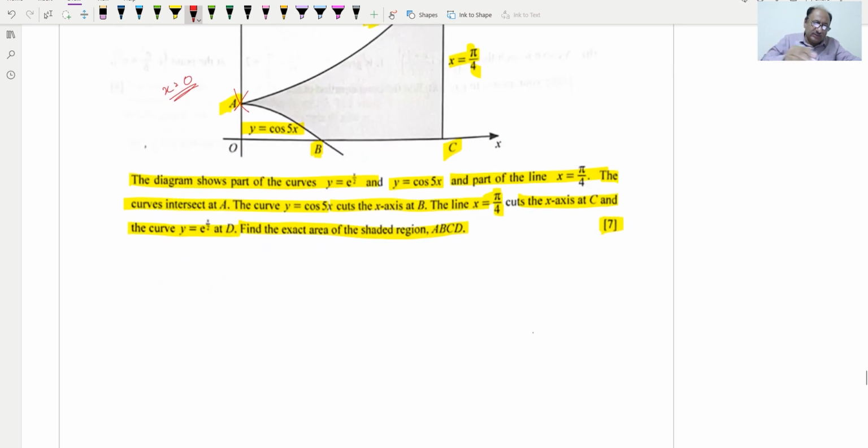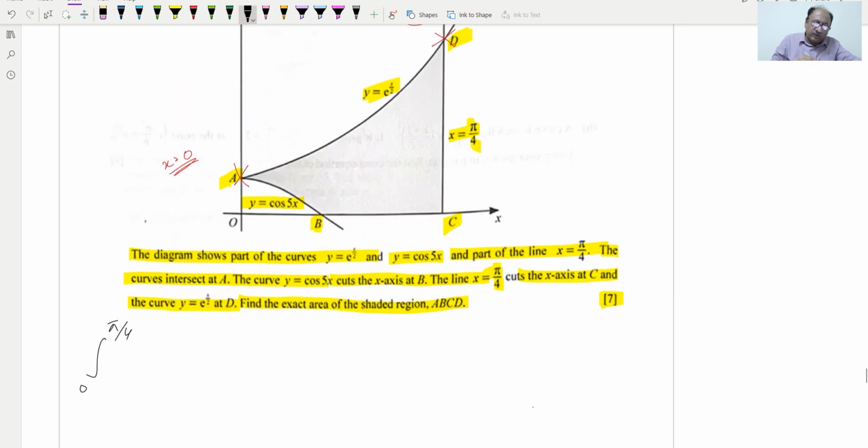So we can take the integral from 0 to pi by 4, and the equation of the curve is y is equal to e raised to the power x by 2. So e raised to the power x by 2 dx, and the integral of this will be e raised to the power x by 2 over the derivative of the power, which is x by 2, which will be 1 by 2.